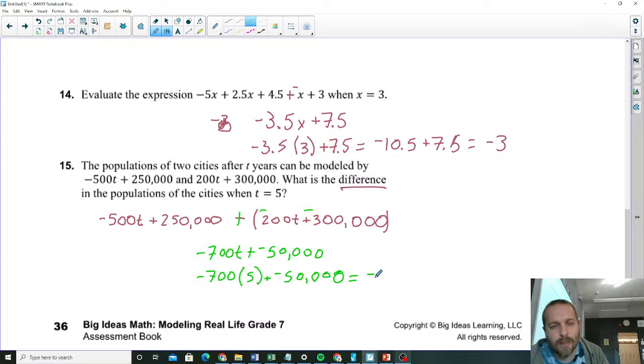So that's negative 700 times 5 is negative 3,500 plus negative 50,000, and then finally our answer to this is negative 53,500.